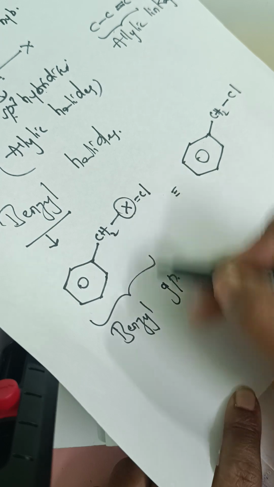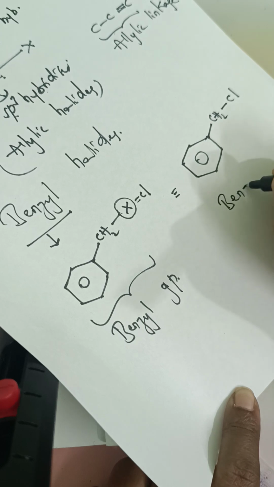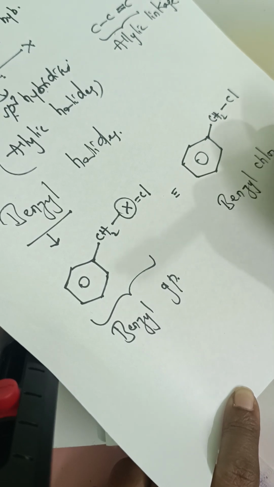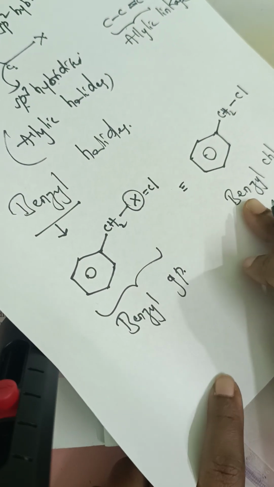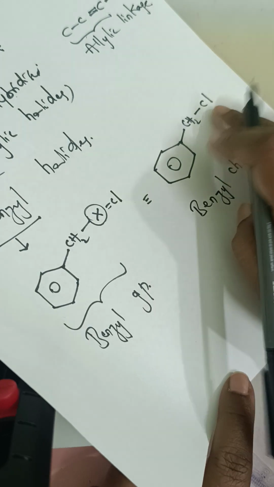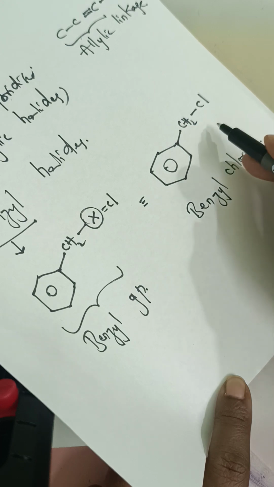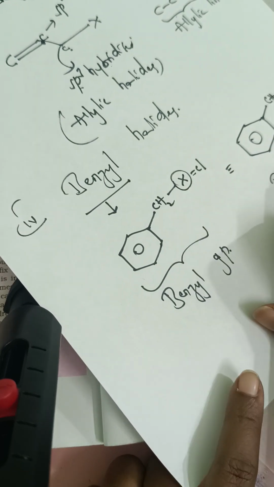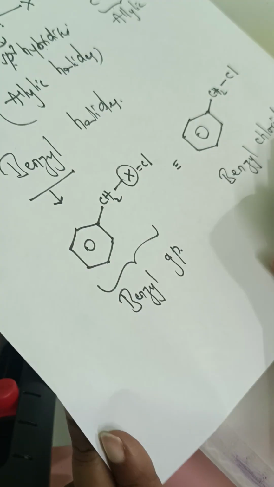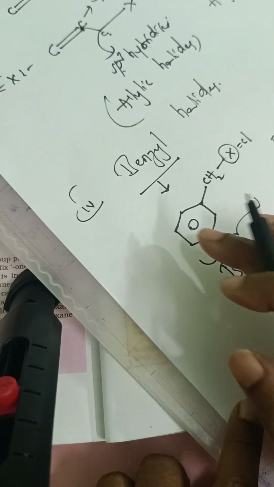Chlorine is there, so you can name this compound benzyl chloride. You can take any other halogen: fluorine, bromine or iodine. Benzyl fluoride, benzyl bromide, benzyl iodide and so on. These are generally called benzyl halides. This is the fourth category of haloalkanes.